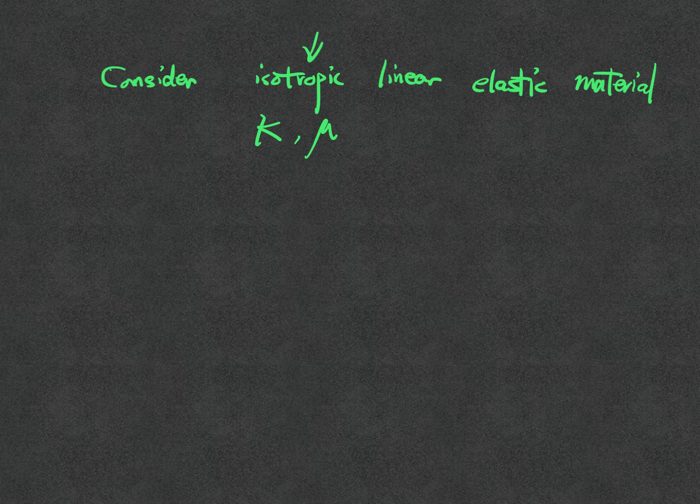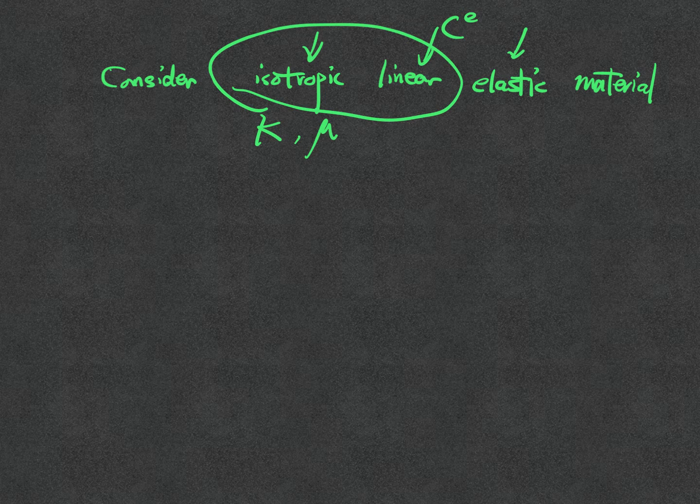And linear means that I can use C^E to relate strain rate to stress rate, and C^E is not changing when I change epsilon E. And elastic means that the material is not yielding, so these three words have very important meaning. And when I combine these words, then I would have the following equations.